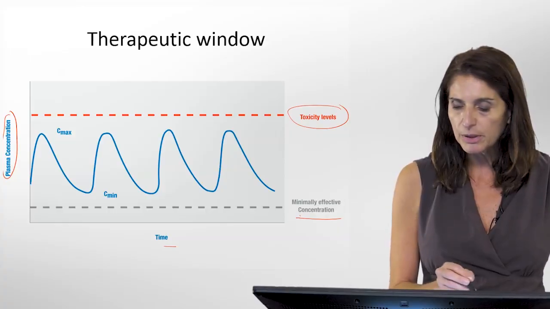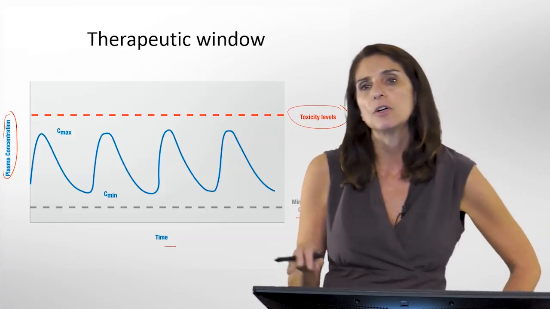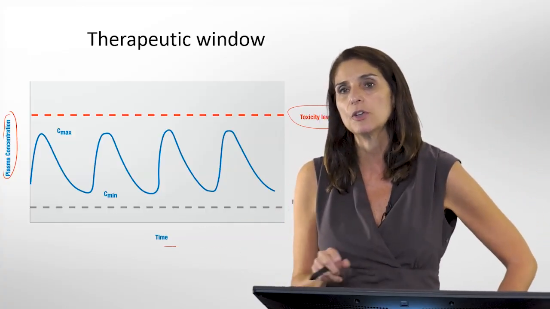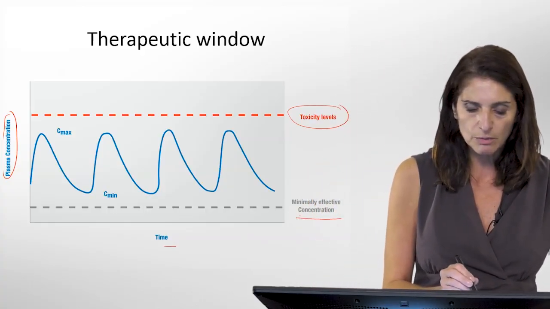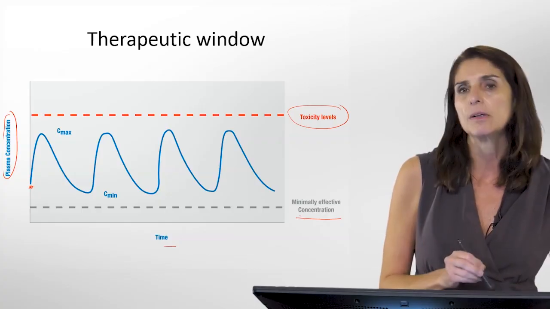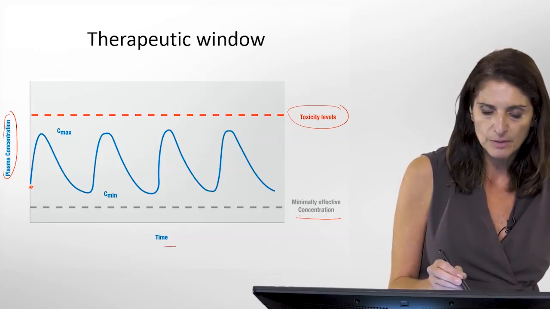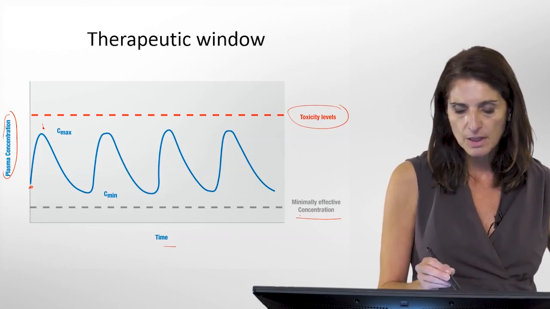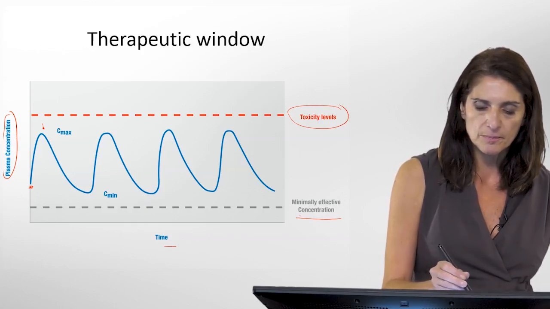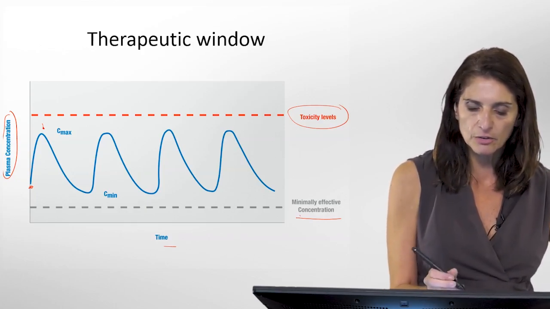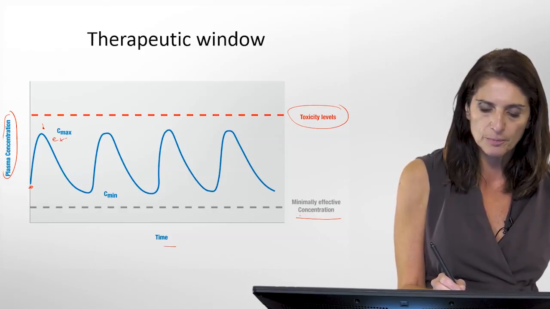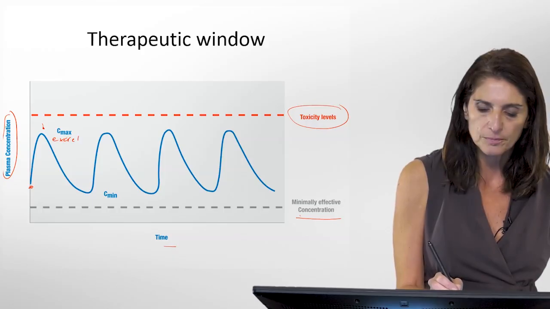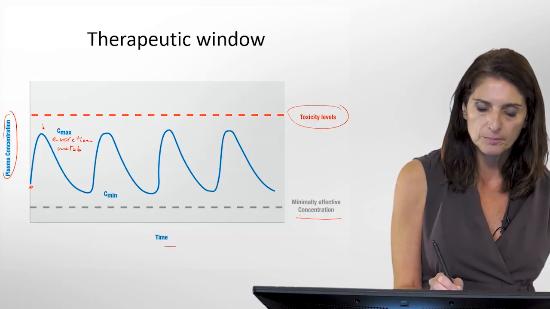And in general, because of all these factors of distribution and, as we'll see, also metabolism, the concentration of the drug will go up after administration to a certain maximum, and then will go down. And during this curve, we'll have excretion and metabolism.